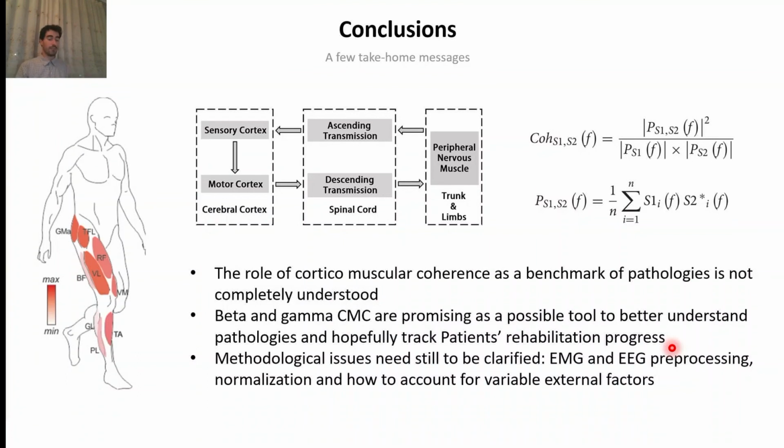There are a lot of methodological issues that still need to be clarified. A few of them are, as we said, EMG and EEG preprocessing, the normalization, or how to account for all the variable external factors, which are many. So the take-home message is just test, and if you want to use coherence, make sure that you do it in a principled and good way.